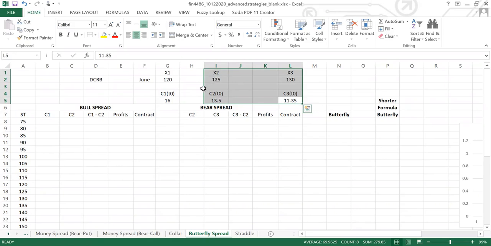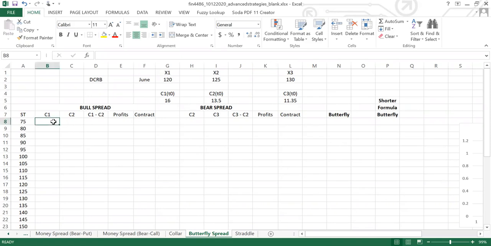So we will have a bull spread with the lowest strike and the middle strike: we buy the low strike and sell the high strike, strike 2. And then we have the bear spread where we buy the highest one, strike 3, but we sell the middle one, strike X2. So basically, we will be selling twice the call option that has strike 2.